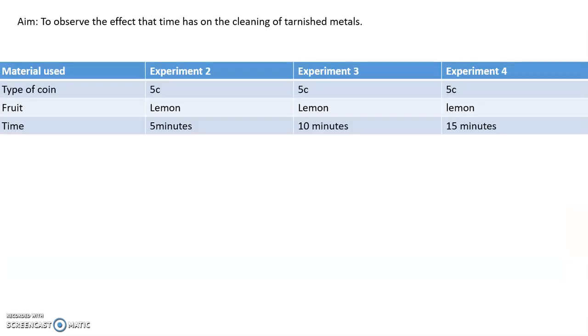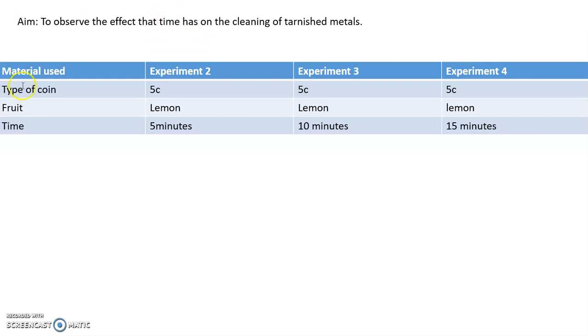If, for example, we had a different aim for that very same experiment, if our aim was to observe the effect that time has on the cleaning of tarnished metals, then we will not be concentrating on the fruit now, but we'll be concentrating on the time, and we'll play around with time to see if it's got an effect on our final result.